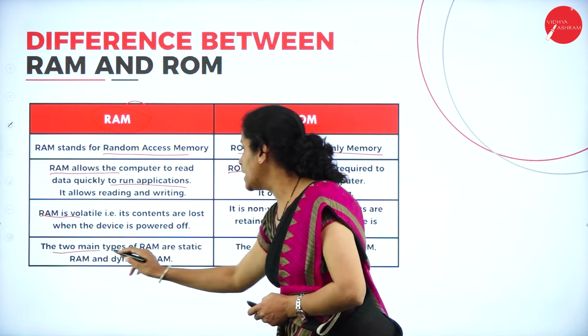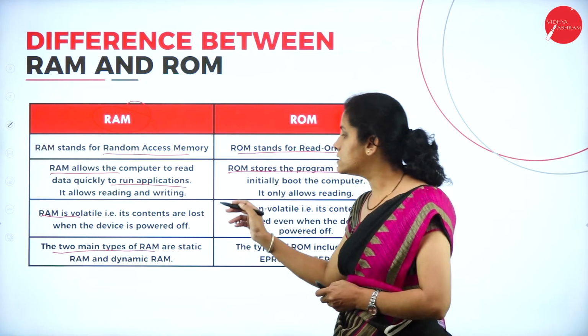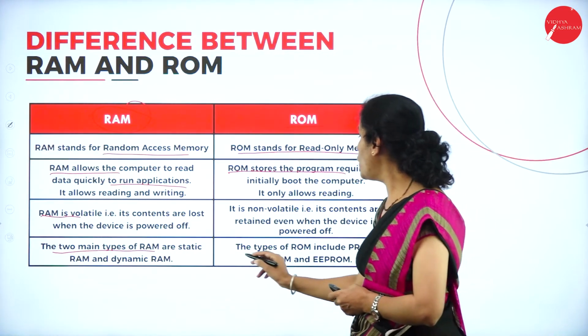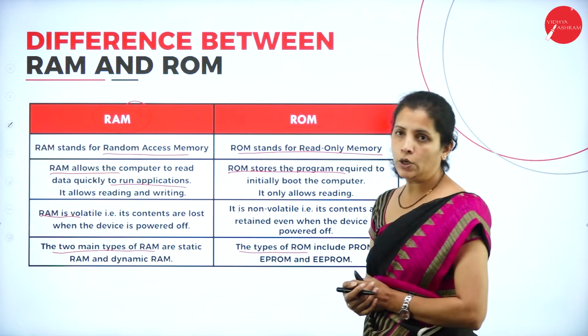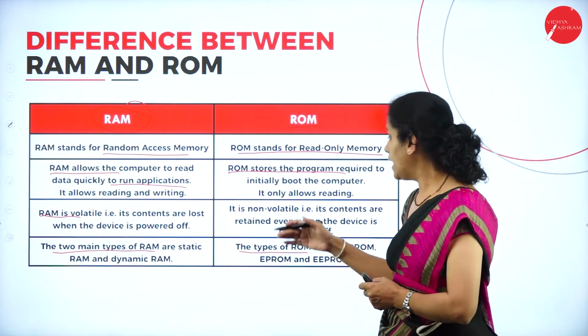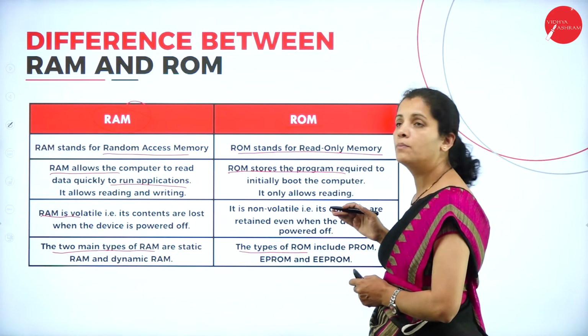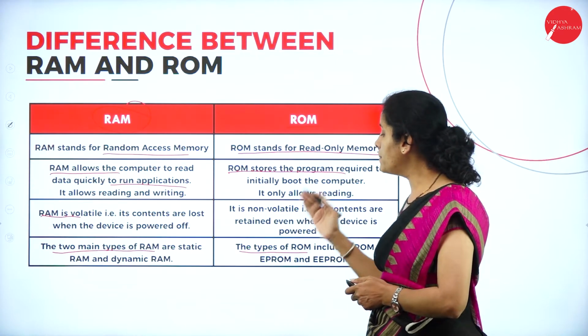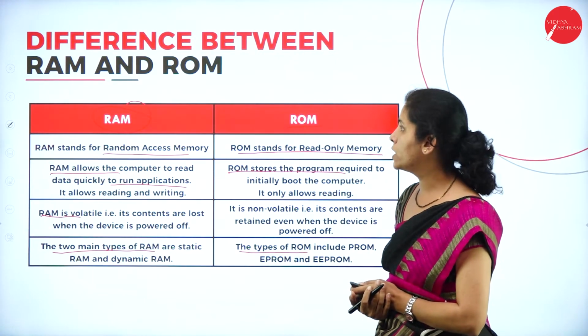The two main types of RAM are static RAM and dynamic RAM. And ROM includes programmable read-only memory, erasable programmable read-only memory, and electrically erasable programmable read-only memory.